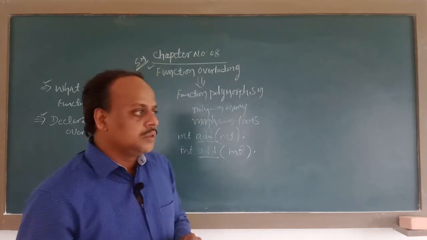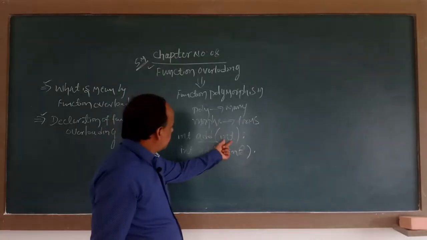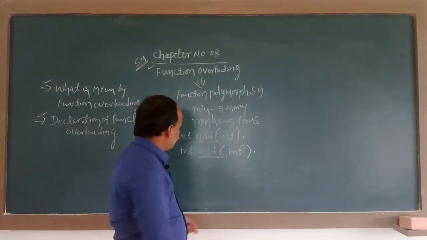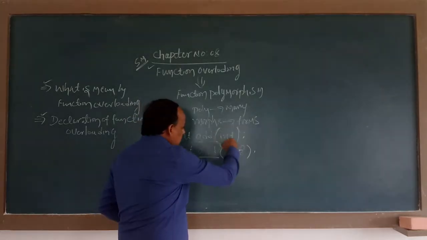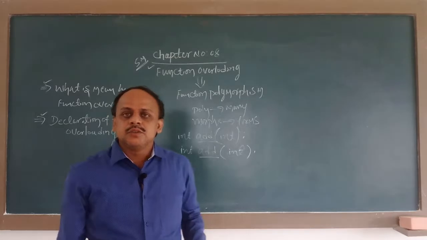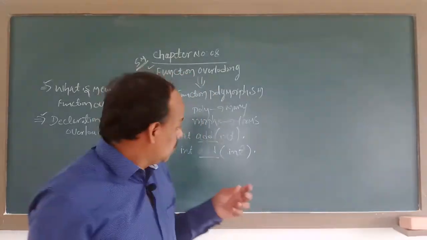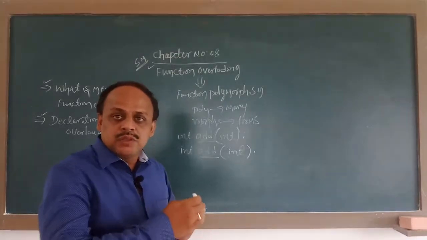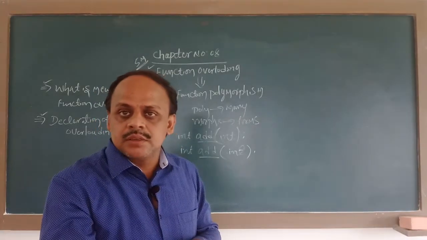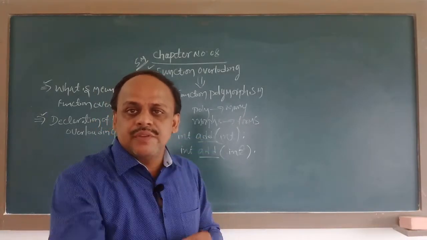That is, what do parameters mean? Functions with the open bracket and closed bracket, what we are considering there, those are called parameters or arguments, right? So whenever we are using a number of functions, we are overloading functions.